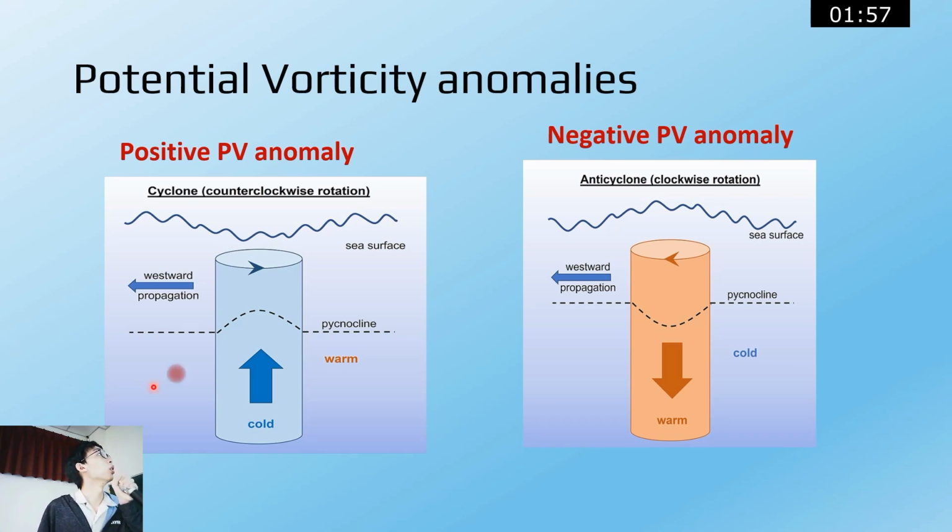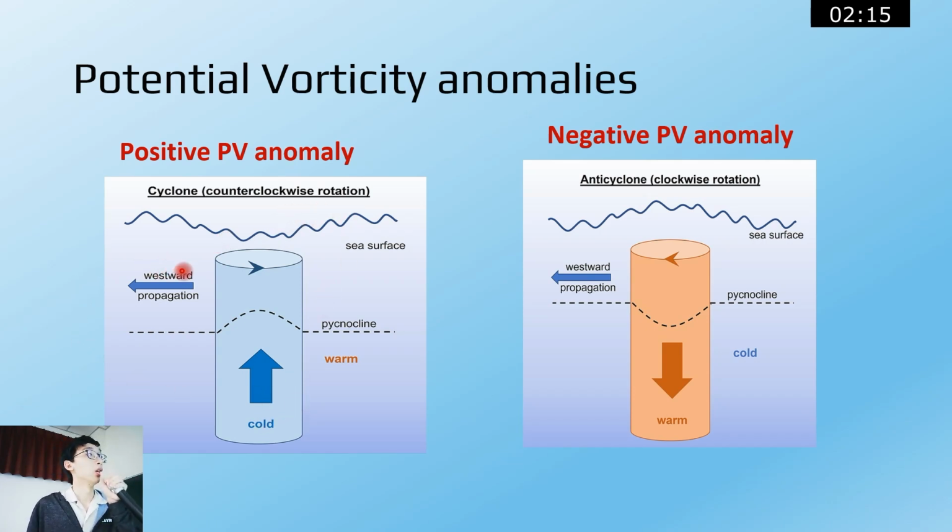Then this is for the potential vorticity anomaly. In this picture, we can see the cyclone, or the cyclonic, which is a counterclockwise rotation.